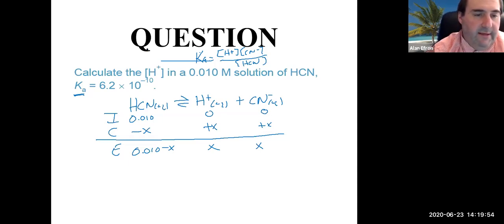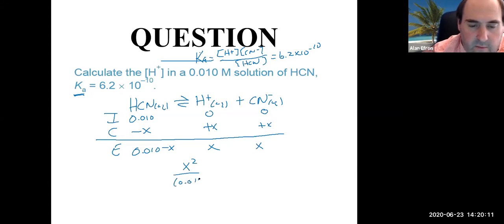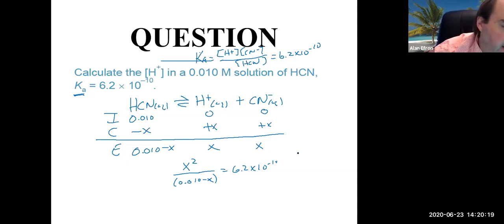And that will equal our Ka value of 6.2 times 10 to the minus 10. So putting that in, we're going to get x squared over 0.01 minus x equals 6.2 times 10 to the minus 10. Again, here the K value is small, so we can assume that x is equal to 0.